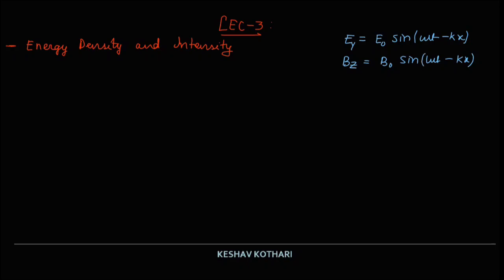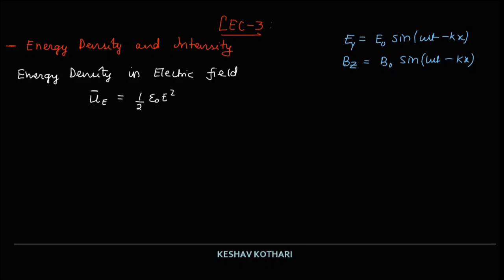Now if I write the expression for energy density of electric field, which we have covered in the previous chapters, the energy density, that is energy per unit volume for an electric field, is written as half epsilon naught E square.